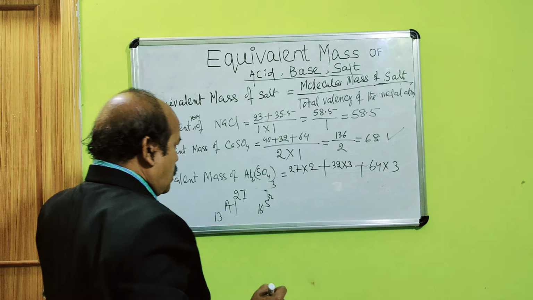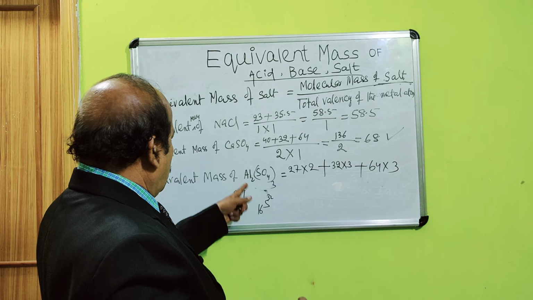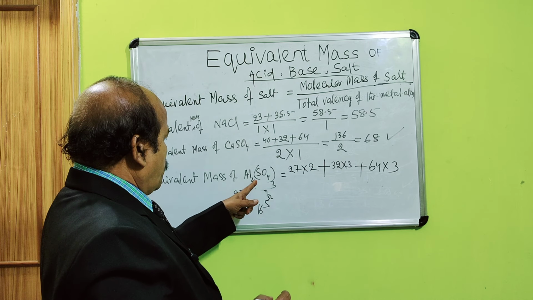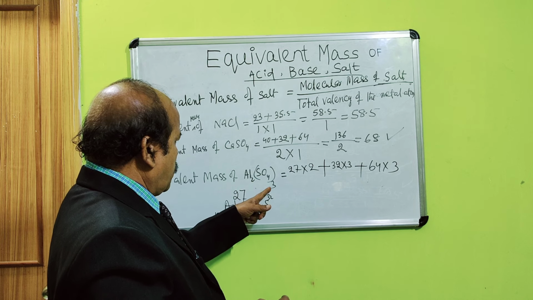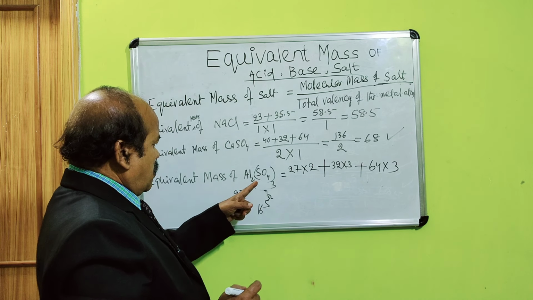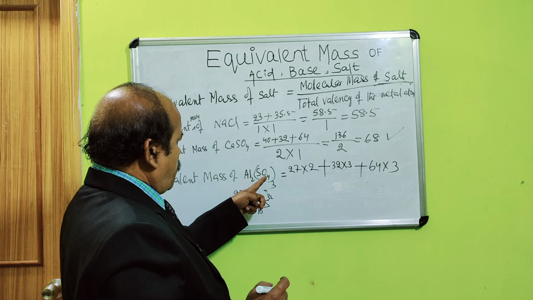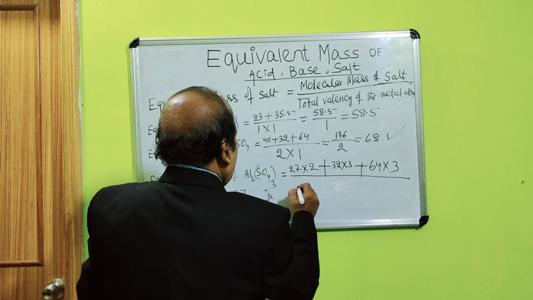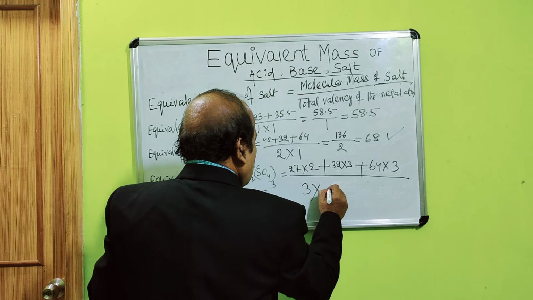Let me recalculate. Aluminum atomic number 13, mass number 27 into 2. Sulfur atomic number 16, mass number 32 into 3. Oxygen atomic number 8, mass number 16, so 64 into 3, divided by valence of aluminum which is 3 and number of aluminum atoms which are 2.